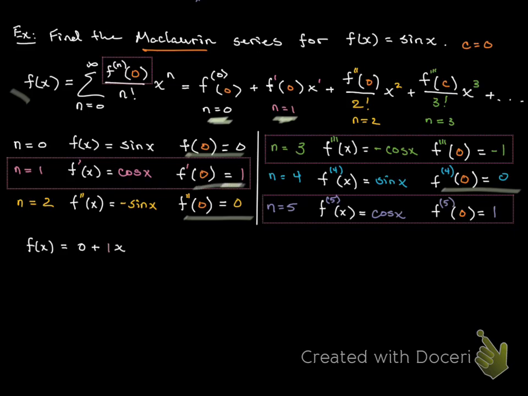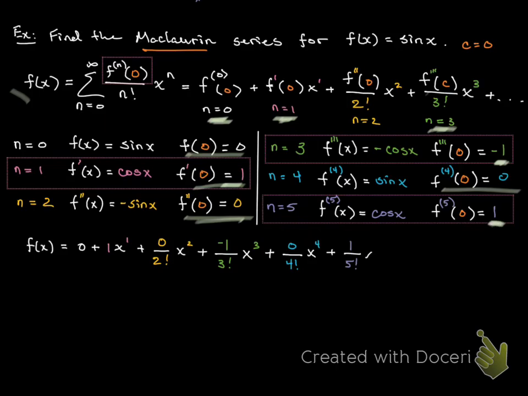That's this guy here is 1. x to the first plus f double prime of 0 is 0 divided by 2 factorial x squared. f triple prime of 0 is a minus 1. So that goes in the numerator. f triple prime of 0 when n is 3 divided by 3 factorial x cubed plus when n is 4, I get another 0 divided by 4 factorial x to the fourth. When n is 5, I get a 1, right?